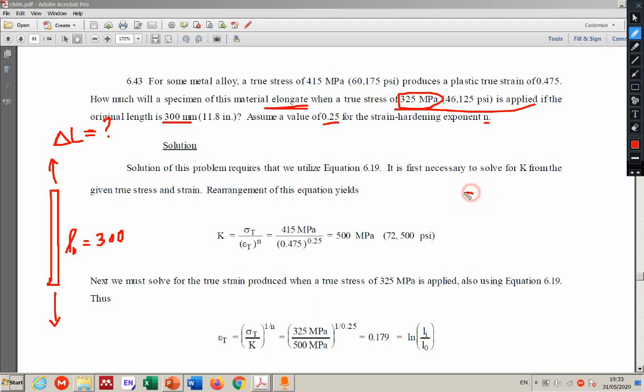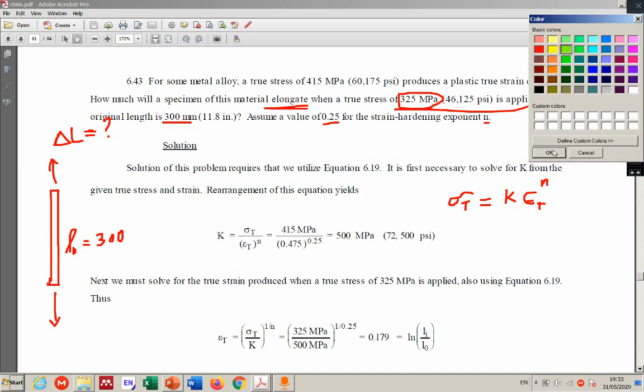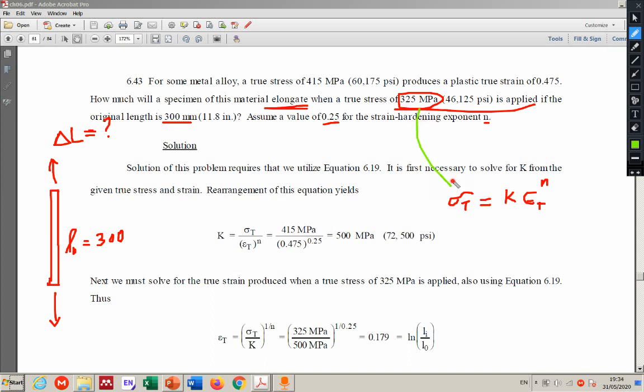And if you remember, we said the relation between the true stress and true strain is through K and n. I have the true stress. I have n as well, which is 0.25.